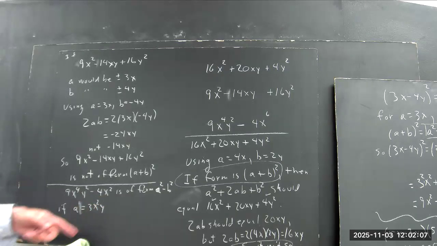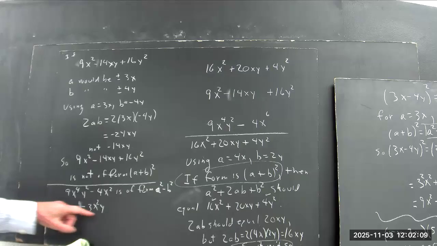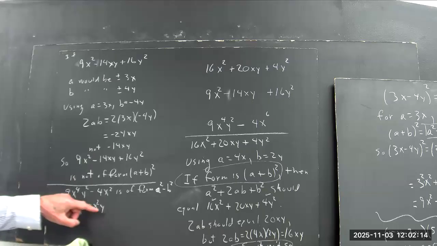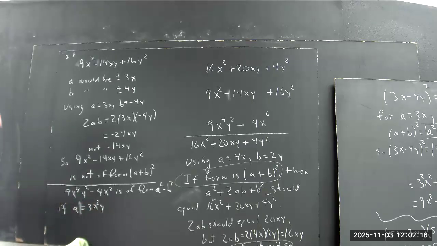If A equals 3x squared y, because if we square A, 3 squared gives us 9, you square x squared, you get x to the fourth, and you square y, you get y squared.